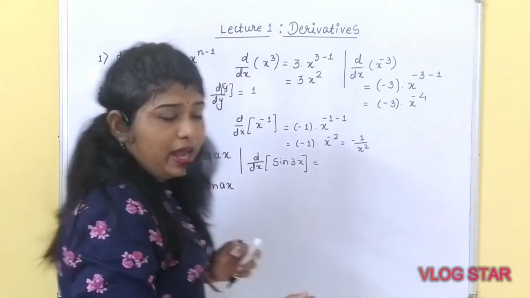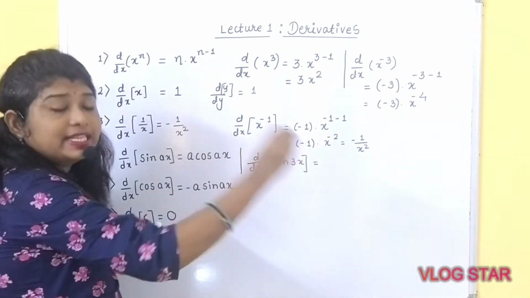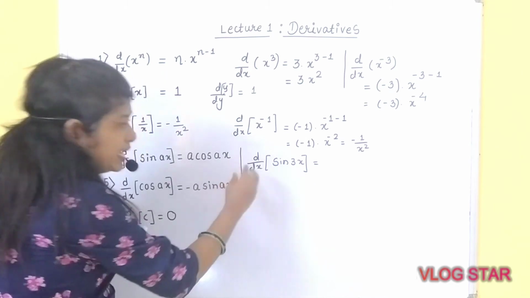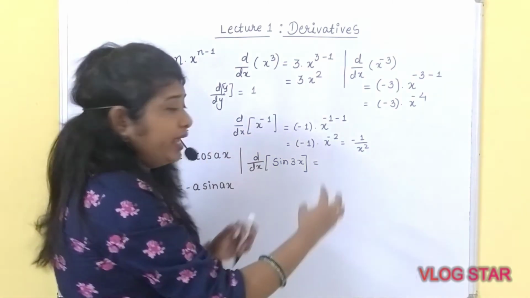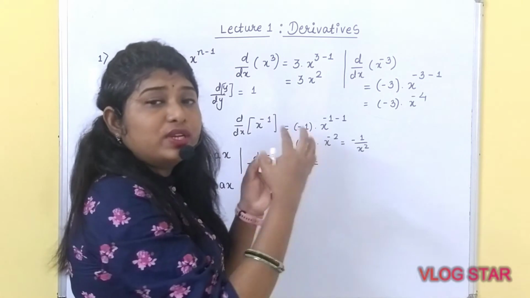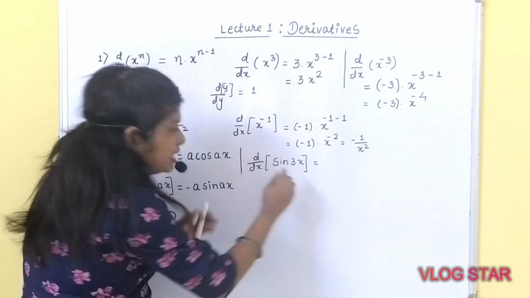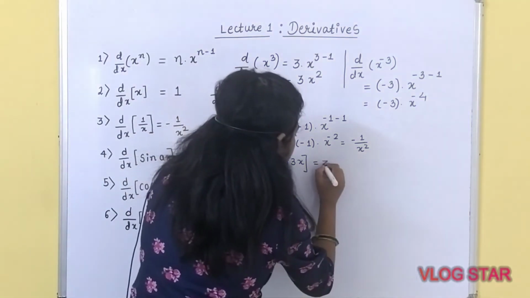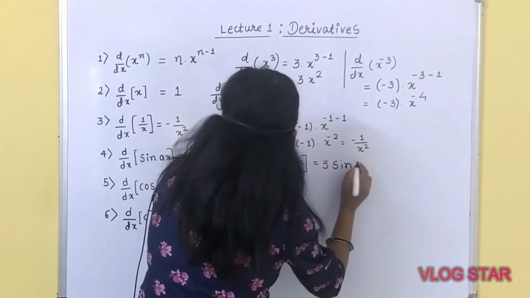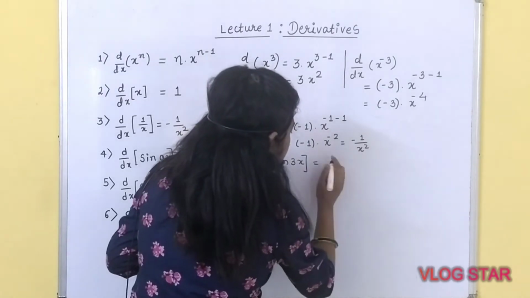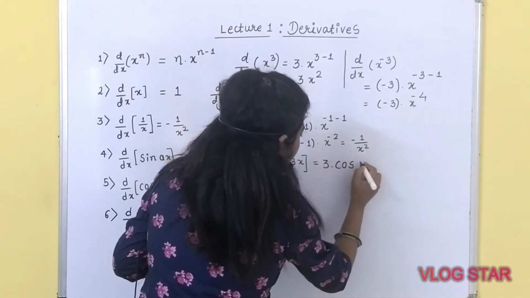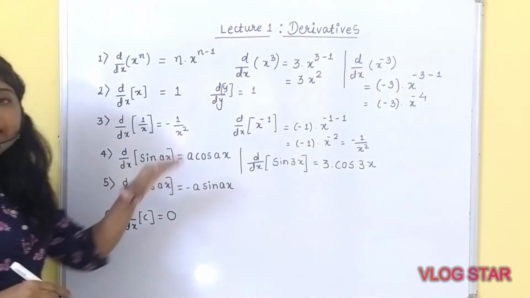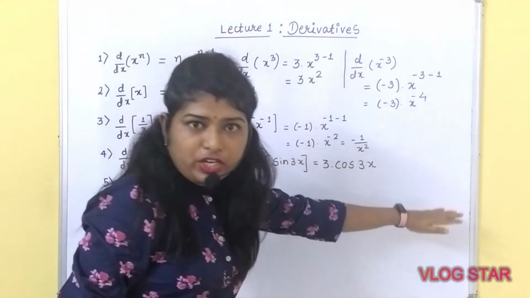As per the formula, the derivative of sin ax is a into cos ax. First identify a; in this case, a is equal to 3. So the derivative of sin 3x is 3 cos 3x. I hope you have understood how to take the derivative of this function.